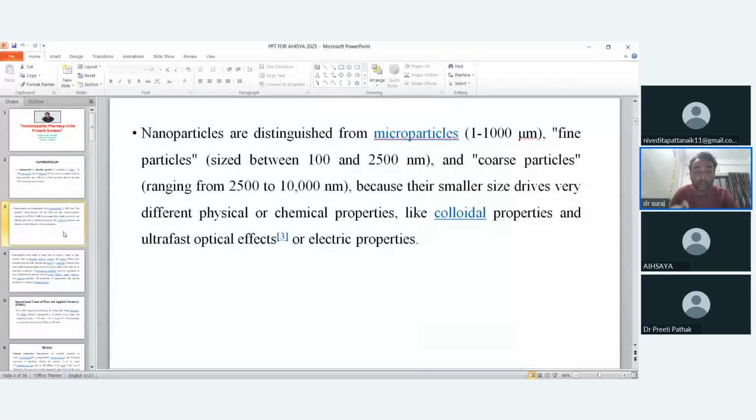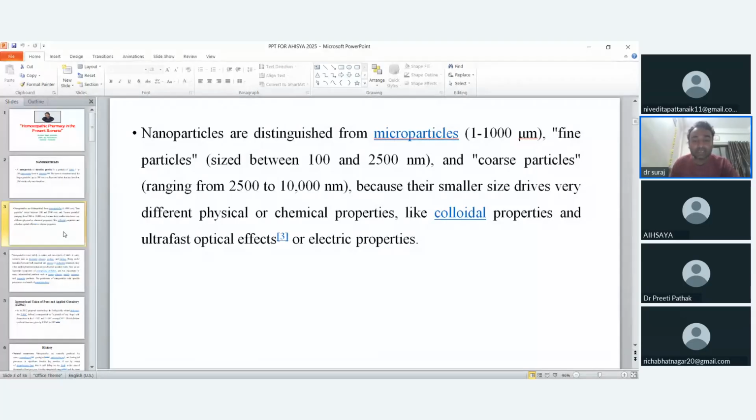They are not micro and minute in structure. The range of coarse particles lies between 2500 to 10,000 nanometer, whereas the nanoparticle is very minute, just like very fine structures. These are the differences between the size of a nanoparticle as compared to a coarse particle.